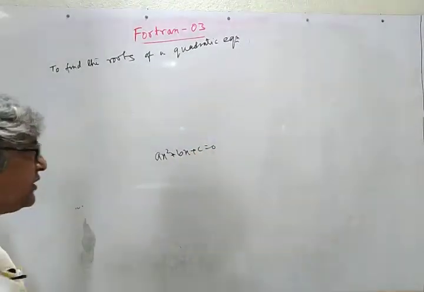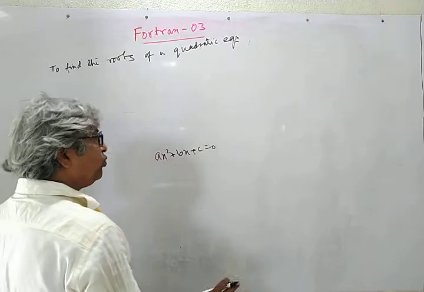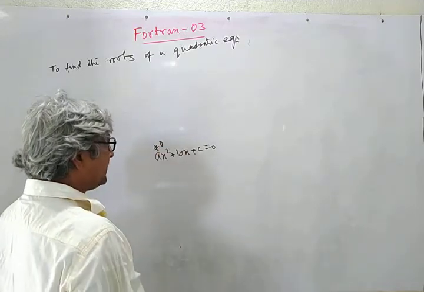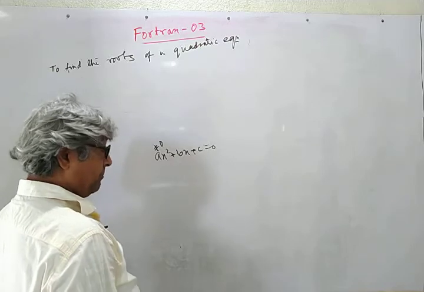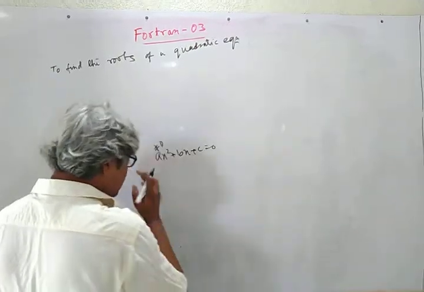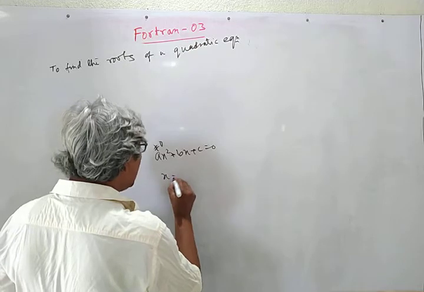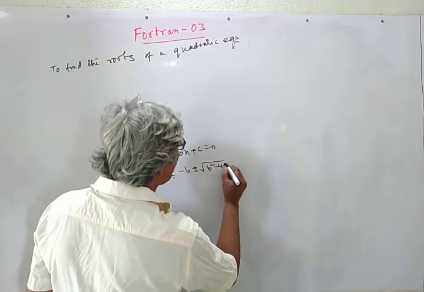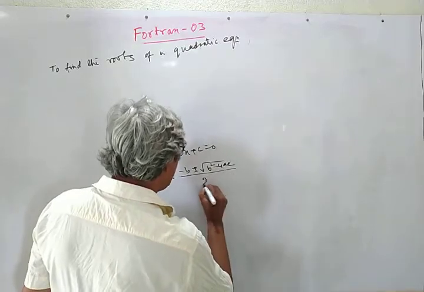When we say the equation is quadratic, we have in mind that a is not equal to 0, otherwise the equation would be linear. And the roots are x is equal to minus b plus minus square root of b square minus 4ac upon 2a.